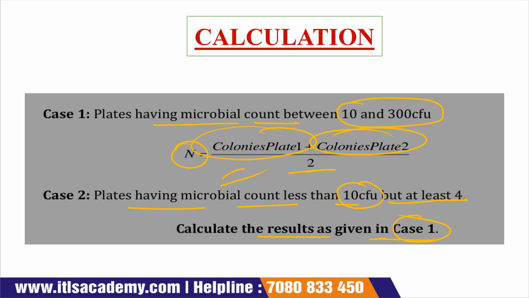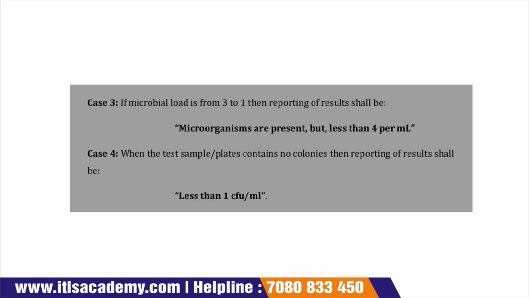If the microbial load is from 3 to 1, then the reported result will be that microorganisms are present but less than 4 per ml. And if the sample plate contains no colonies, then the result shall be reported as less than 1 CFU per ml. This is how we calculate the colonies. So this is all about the aerobic microbial count, how we detect it, what is the principle behind it, what is the procedure.